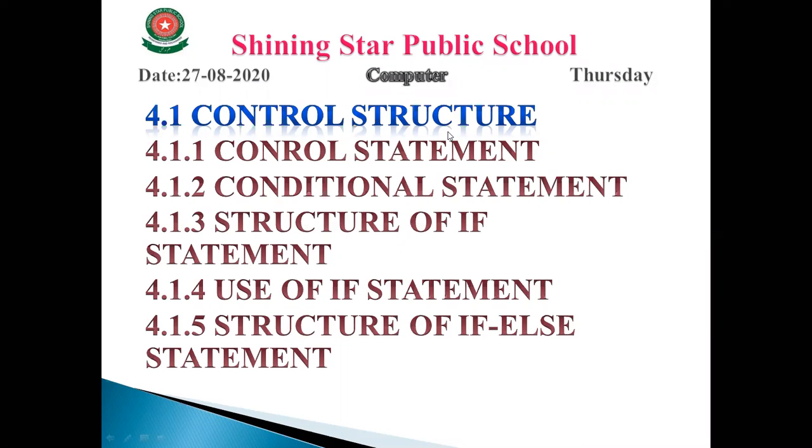Let's take an example of how we write an algorithm. I know all of you know very well, but let's revise our chapter number 1. If we want to calculate the area of a triangle, for this problem our first step is start. Step number 2: for the area of a triangle, we must have two things, base and height.